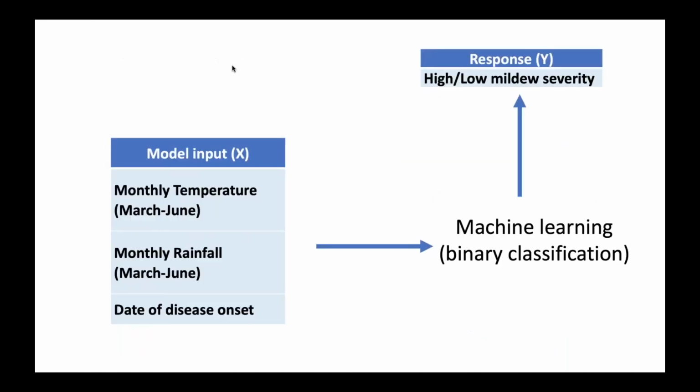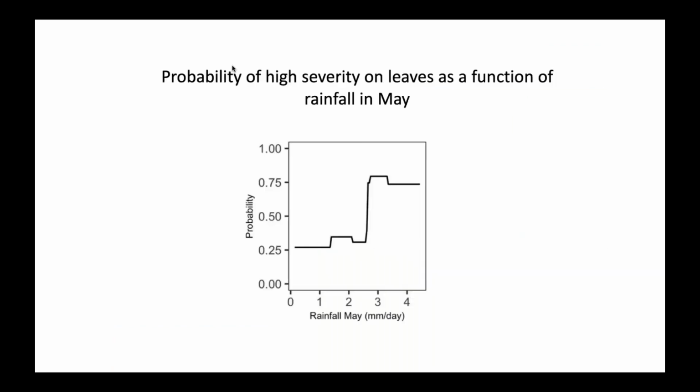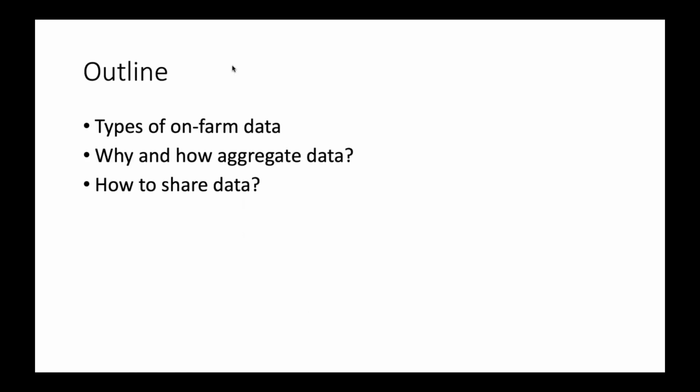And based on that, we were able to train several machine learning algorithms to predict the occurrence of high mildew severity as a function of different inputs related to temperature, rainfall, and disease onsets. And from that, we were able to derive predictive tools computing the probability of high severity as a function of various weather data, in particular the rainfall in May.